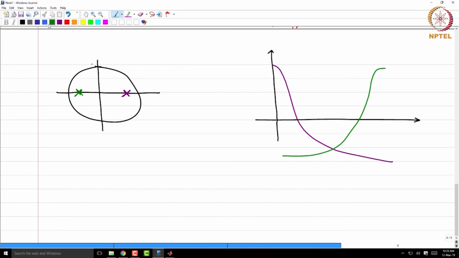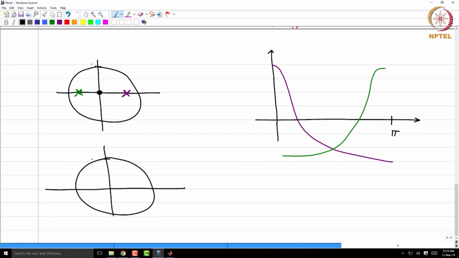Therefore, this is a crude high pass filter, this is a crude low pass filter, and both these filters have been realized using a single pole, and of course, you also have a trivial 0 which does not play any role in the magnitude response.